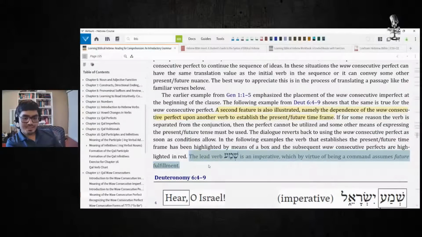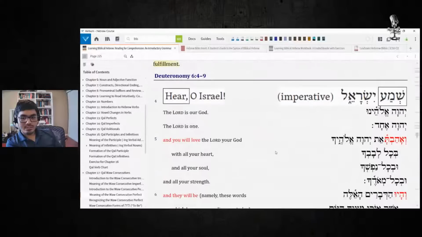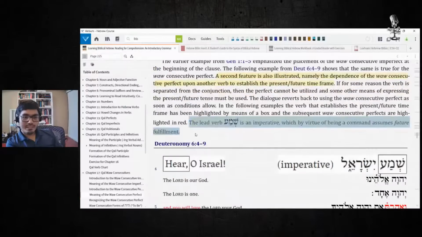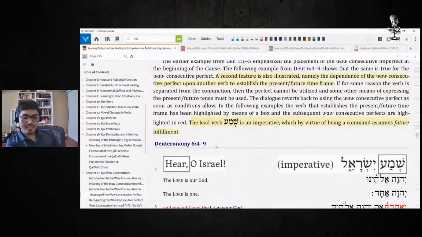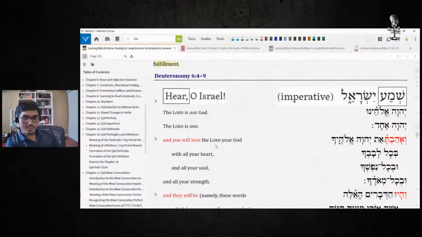Here it mentions that the imperative form can be used as the leading verb to establish the future time frame. If you look at Deuteronomy 6:4-9, this is a good example of this. This is the famous Shema Yisrael, so called because the first word there is Shema. Shema Yisrael, Adonai Eloheinu, Adonai Echad.